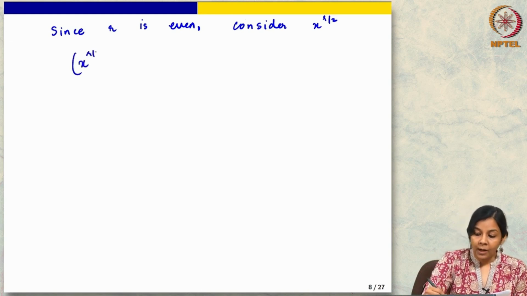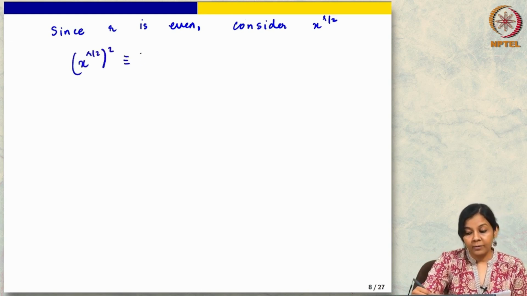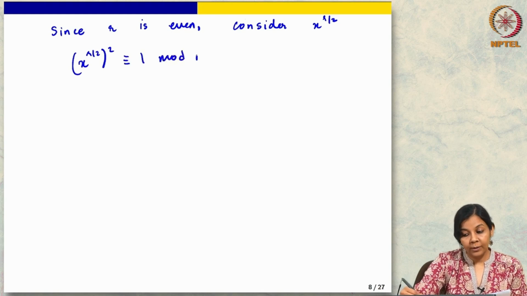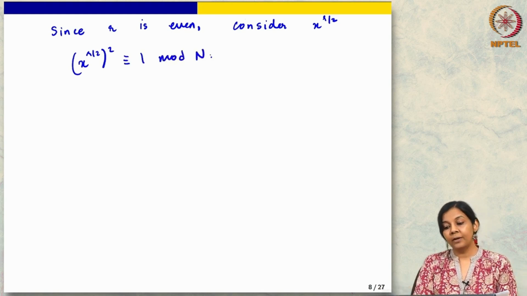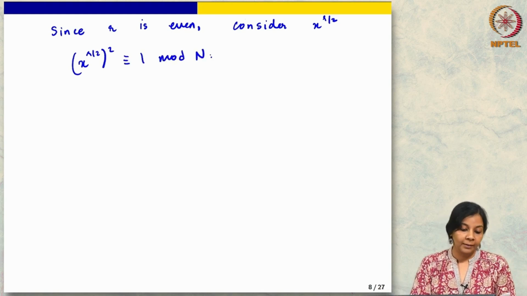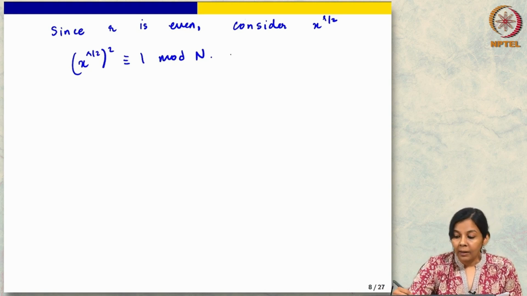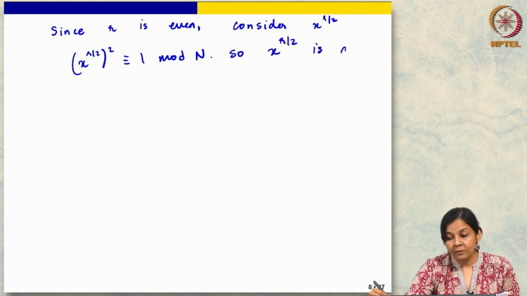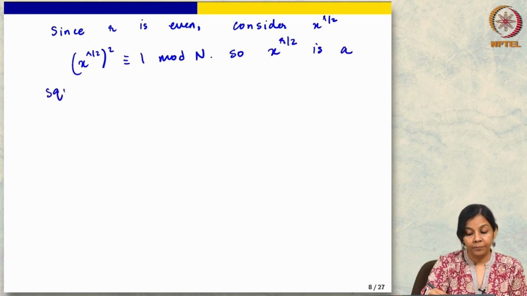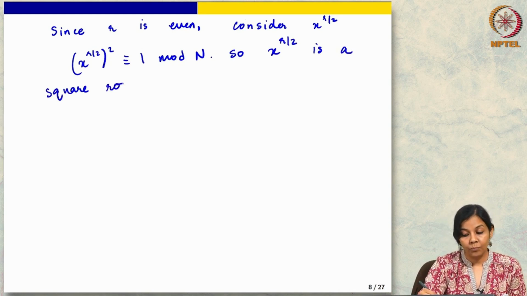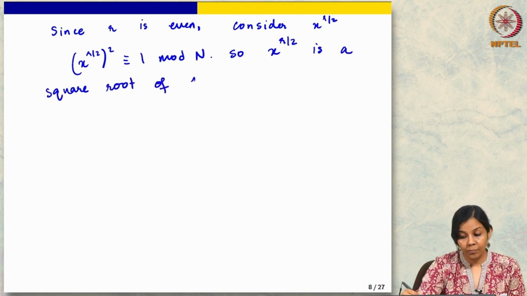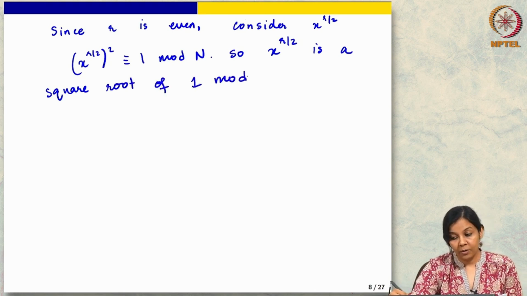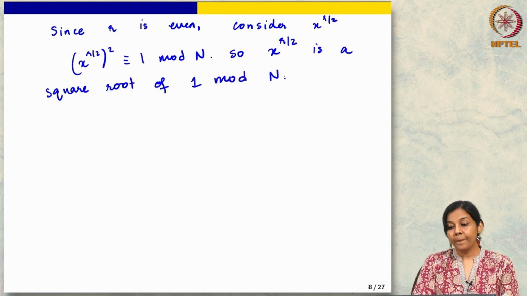So x to the r over 2, the whole squared, is obviously congruent to 1 mod n. This is just by definition of the order of x. So x to the r over 2 is a square root of 1 mod n.